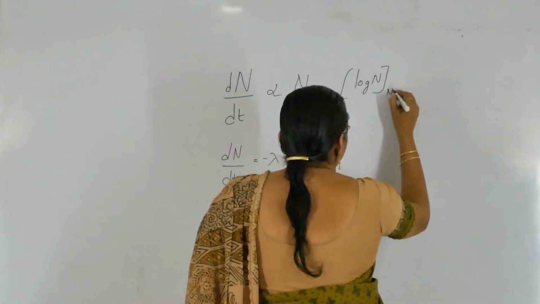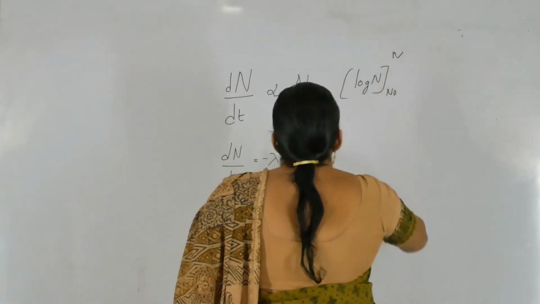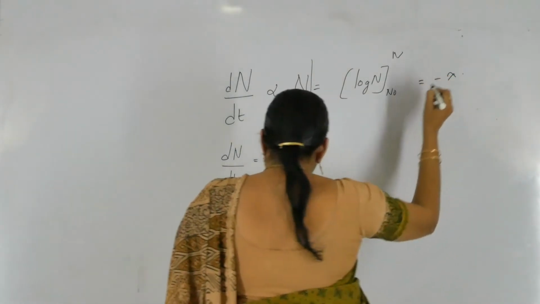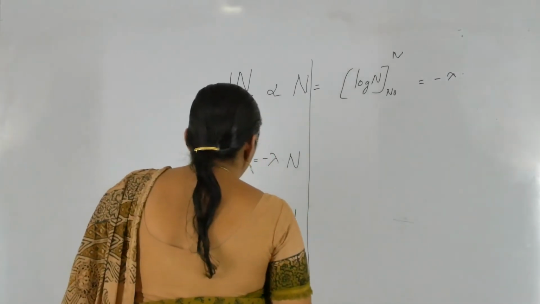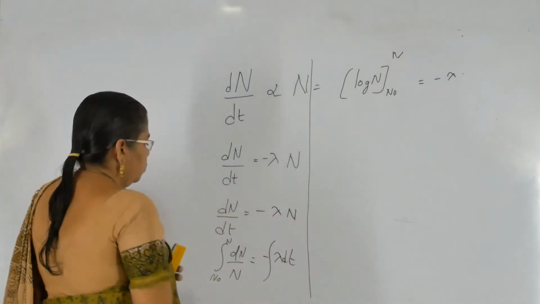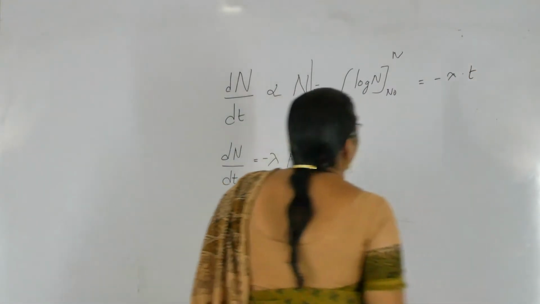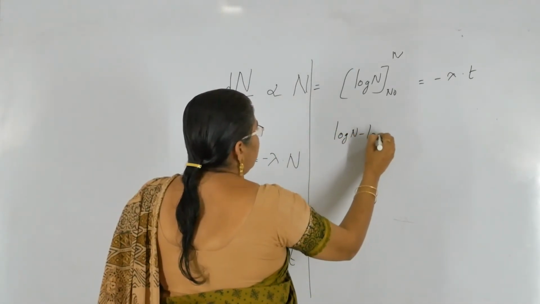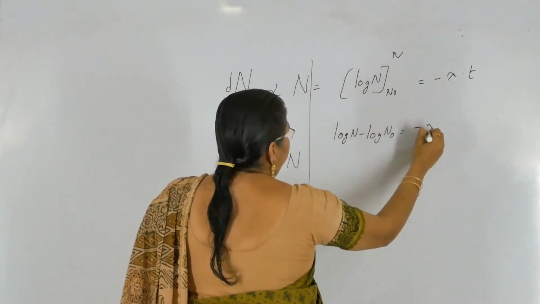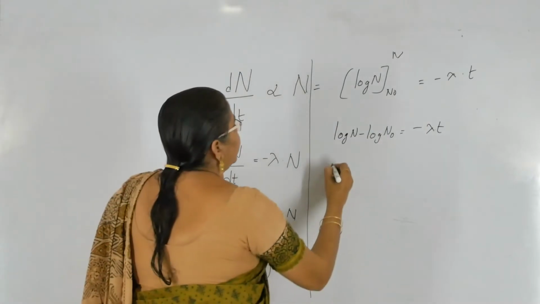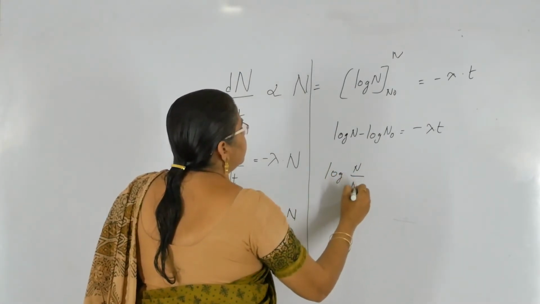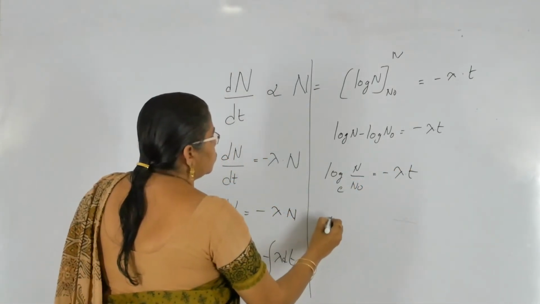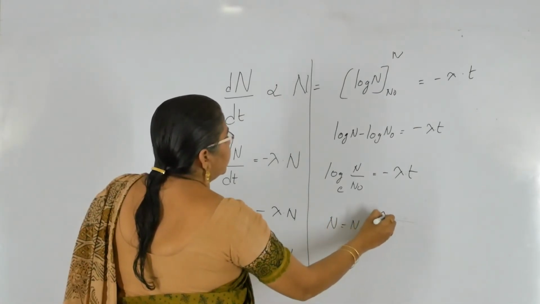Substituting the limits, log N minus log N0 is equal to minus lambda into t, or log N by N0, base e, is equal to minus lambda t. So N is equal to N0 e power minus lambda t.